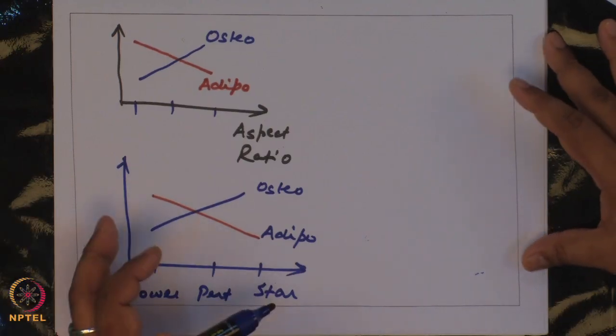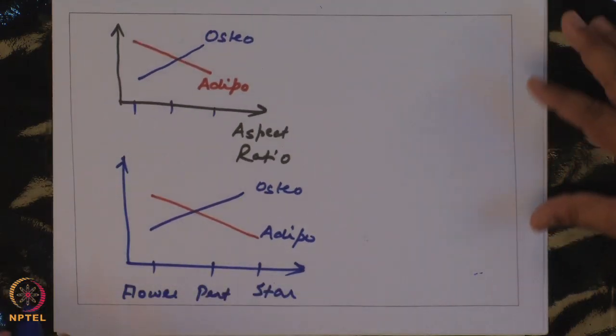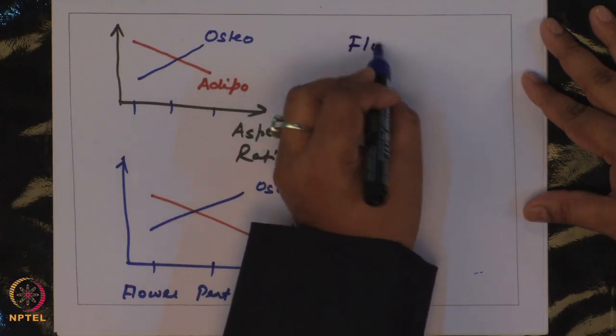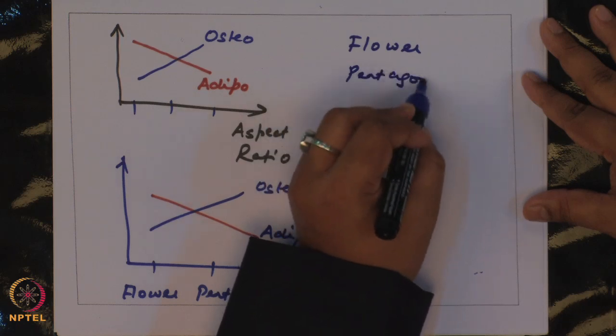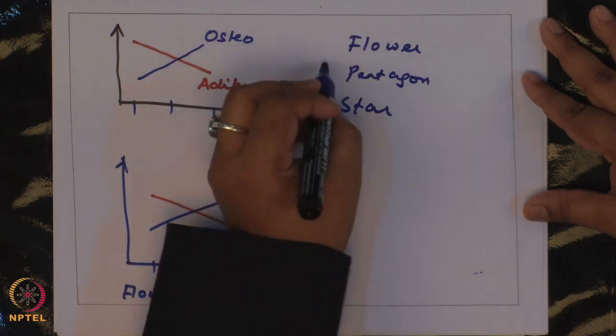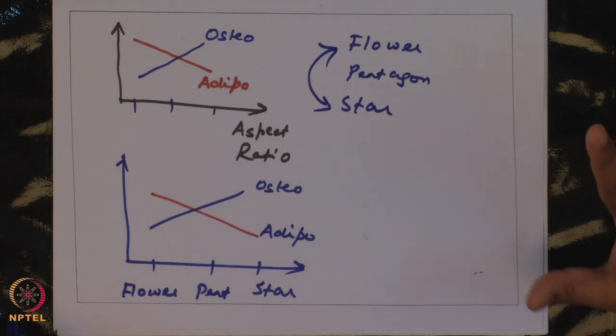To probe into the basis, the authors chose these three shapes, the flower, the pentagon and the star. And they compared between the flower and the star what has changed in terms of the cytoskeletal organization and the focal adhesion organization.